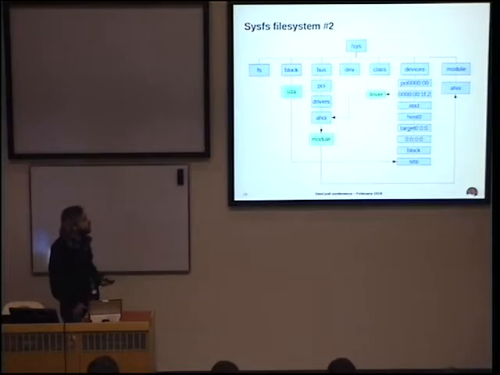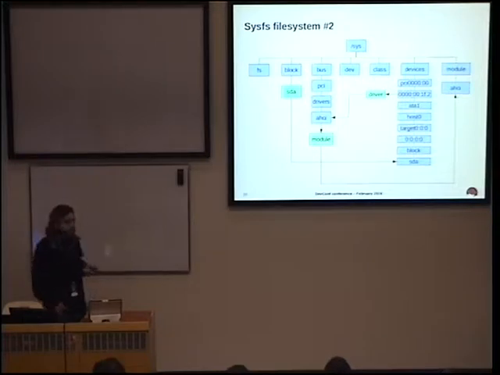This is a sketch I tried to make of the sysfs file system inside my laptop, to try to explain better how it's organized. Here we have the root of the sysfs file system with all the subsystems inside it, almost all of them at least.